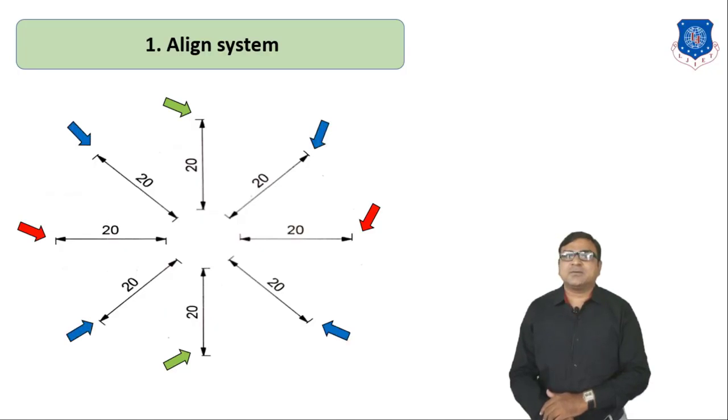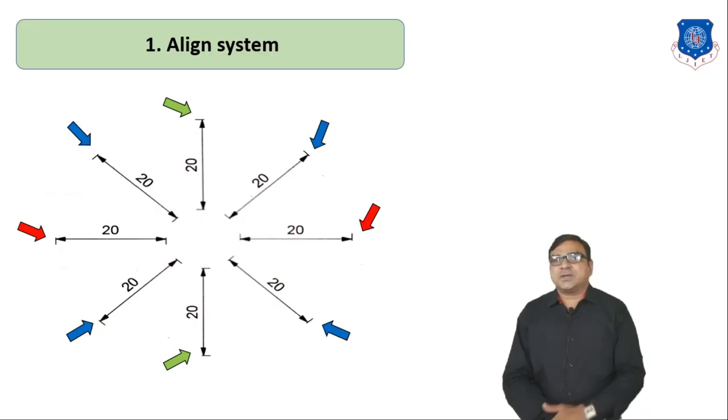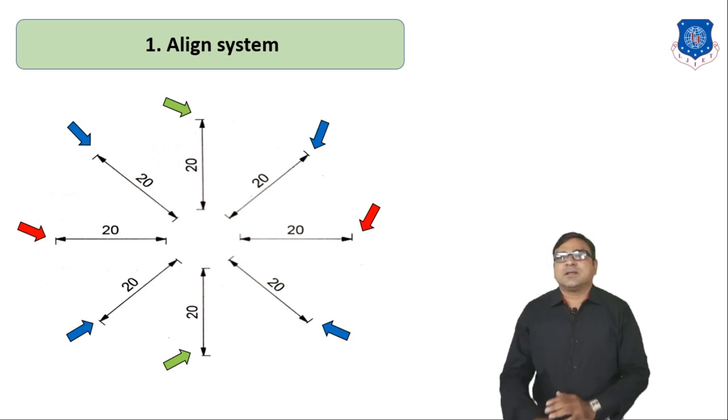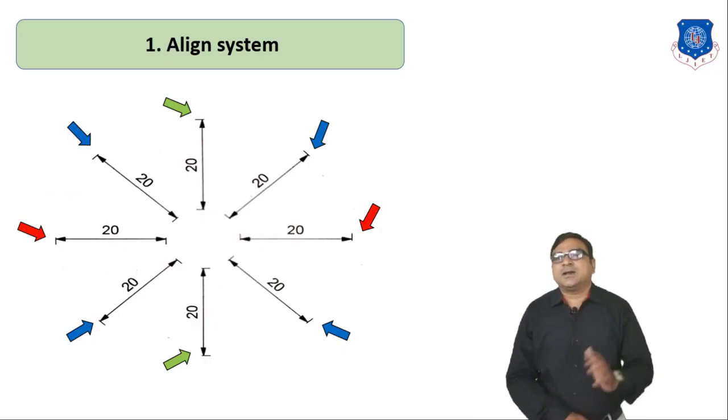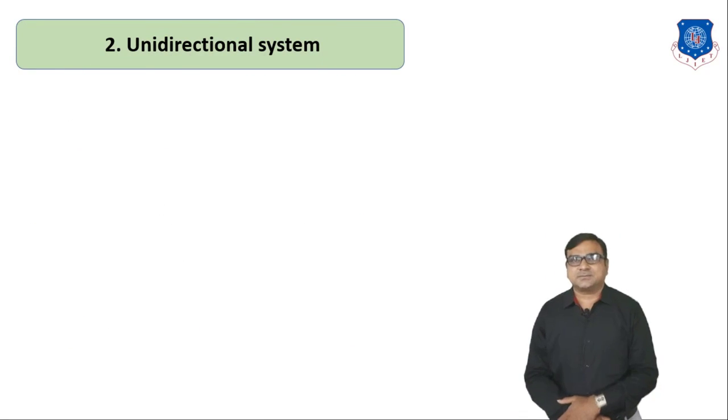And here, the remaining 4 dimension lines with different orientations: when the line is in the first and fourth quadrants, the value is above, and in the second and third quadrants, also, you can say the value is above the dimension line.